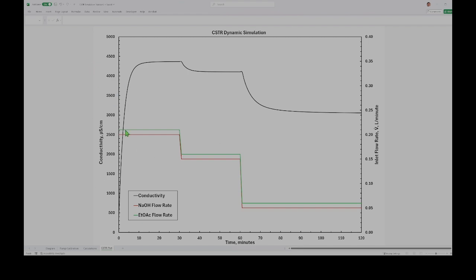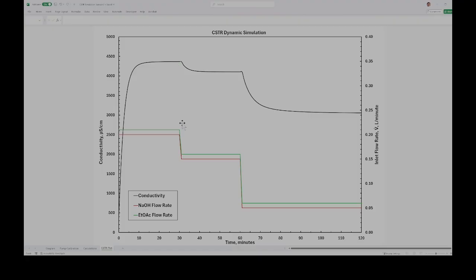So initially we have 210 milliliters per minute of ethyl acetate and 200 milliliters per minute of sodium hydroxide. So we see our conductivity increase as we start pumping in the flow of hydroxide and ethyl acetate. And then it starts to level off.